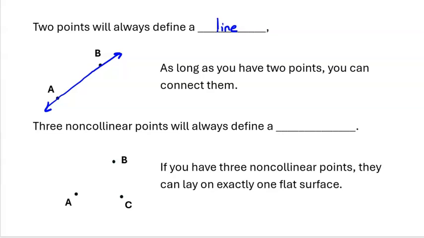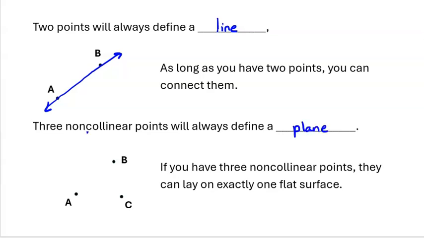That just means once we have 2 points, we can make a line between them. There's an infinite number of points on a line. There's an infinite number of points between A and B, and then we also see that our line extends forever in both directions.